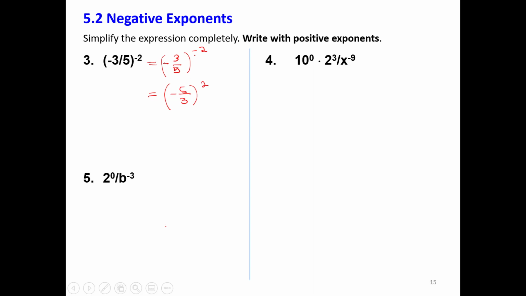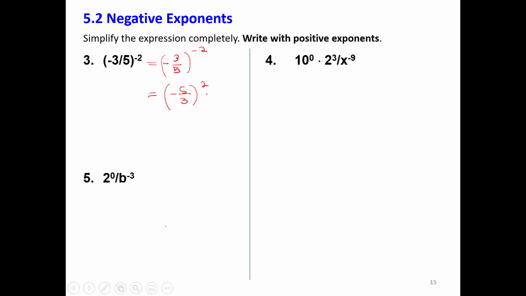Because we flip the fraction, we change the sign of the exponent. But we don't change the sign of the base, the number we had inside the parentheses. We just flip it. The only sign we change is the sign of the exponent.